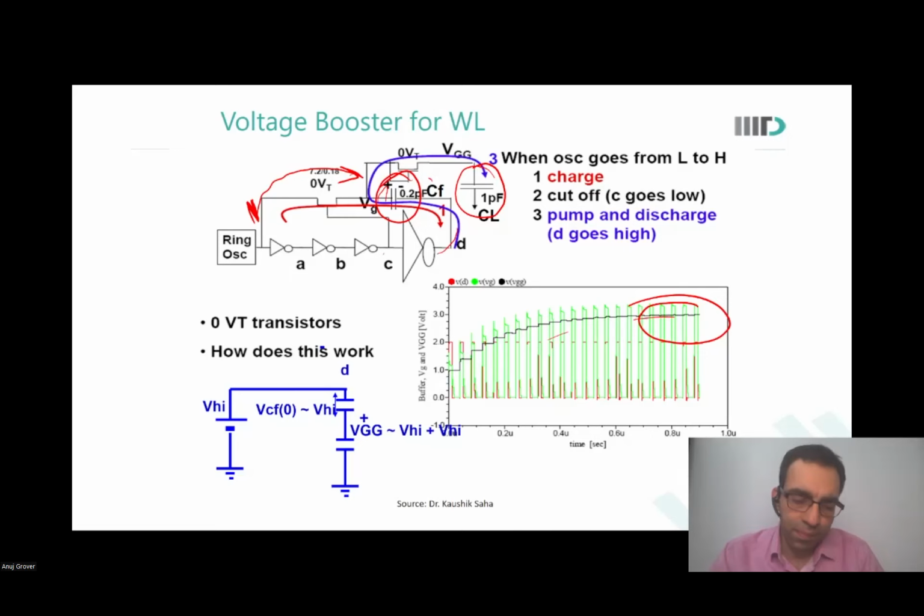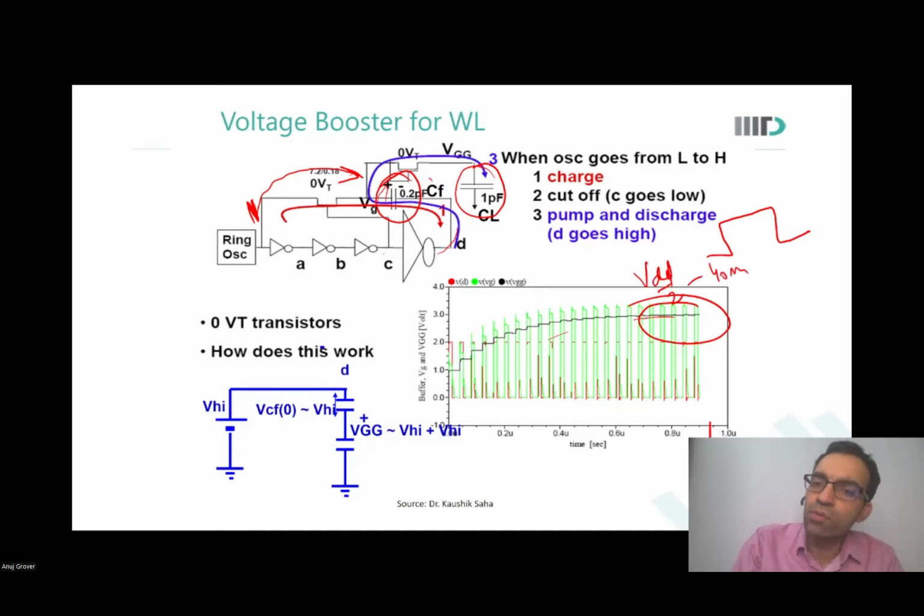But even equalization from, let us say, VDD by 2 minus 40 millivolts and VDD by 2 plus 40 millivolts to almost VDD by 2 on both the bit lines means that you are transferring information across a pass gate. So this is VDD by 2 minus 40 millivolts and VDD by 2 plus 40 millivolts.